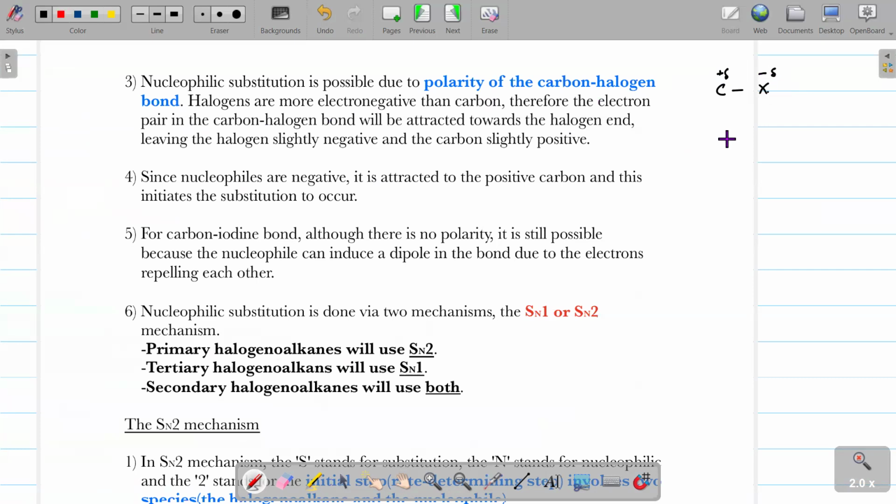That's why they carry a partial negative charge and carbon a partial positive charge. Okay, here one more term I want to introduce. This carbon, which has a positive charge on it in halogenoalkanes, on which the nucleophile attacks, this positively charged carbon is known as the electrophilic center.